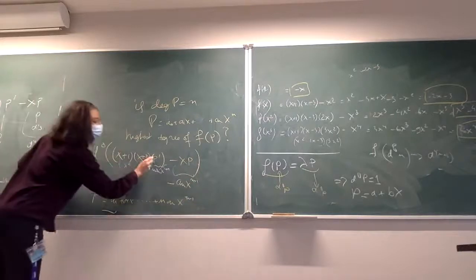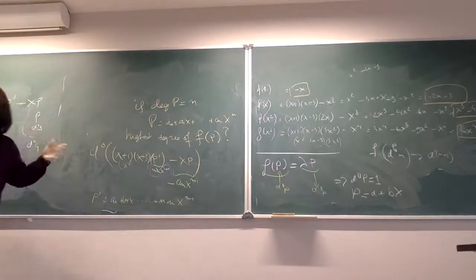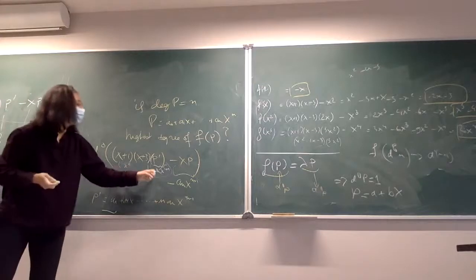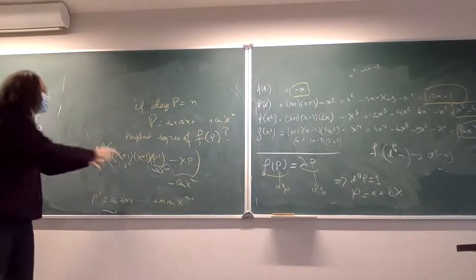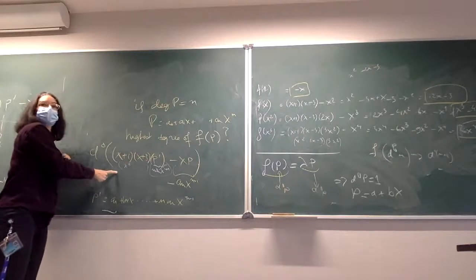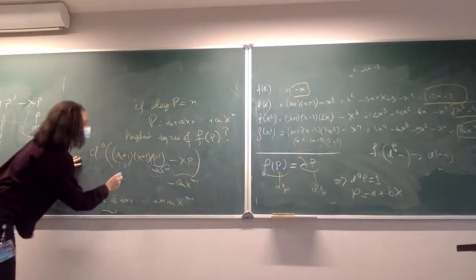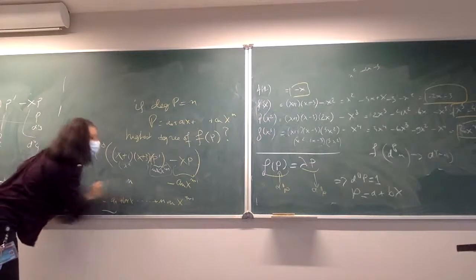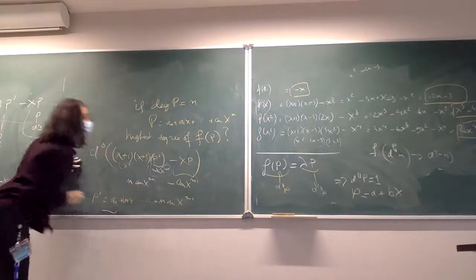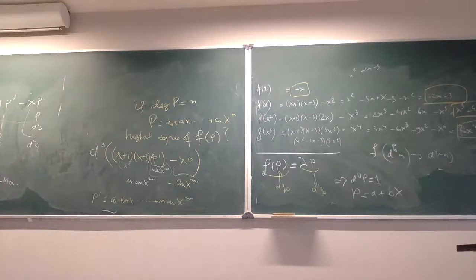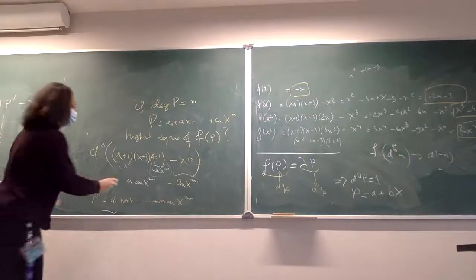Here, the highest order term in P prime, as you checked, is n x^(n-1). But I multiply it by x², so the highest order term is going to be written as n x^(n+1).